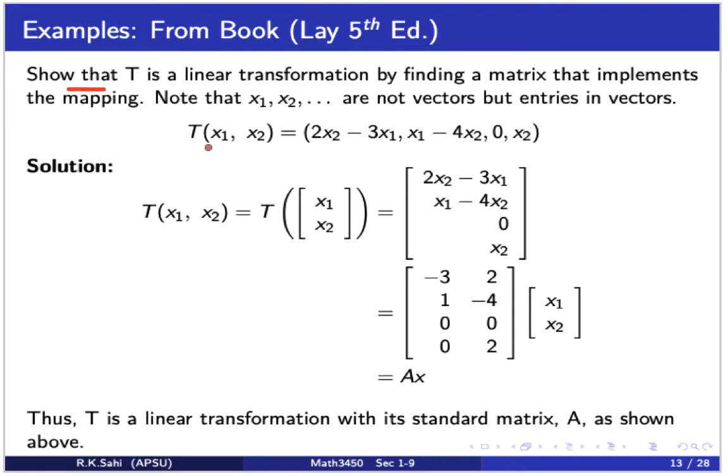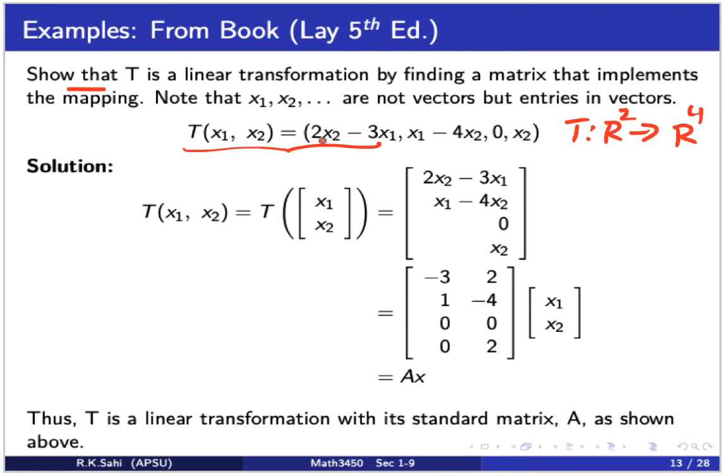When I look at this, how many entries are there in the input? x1 and x2 are not vectors, but entries in a vector, so there are 2. And how many entries in the vector on the right hand side of the equal sign? 1, 2, 3, 4. That means T is a mapping from R squared to R4.